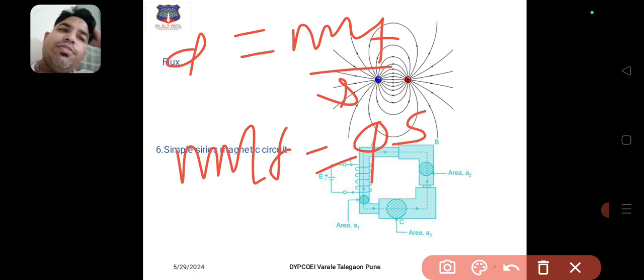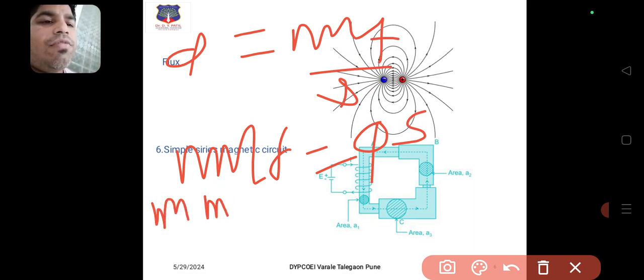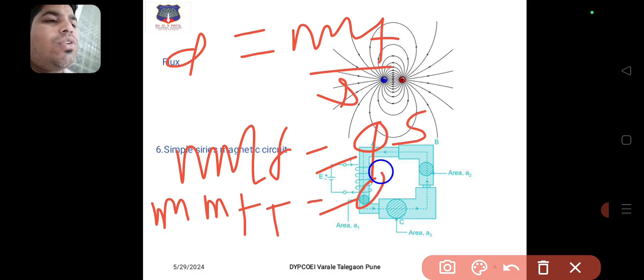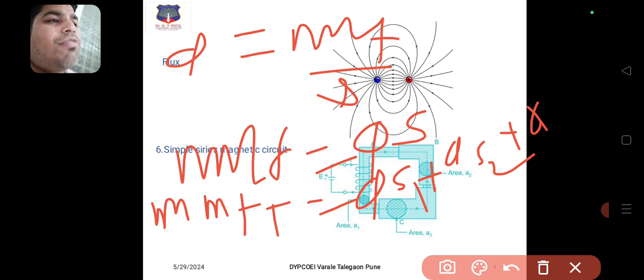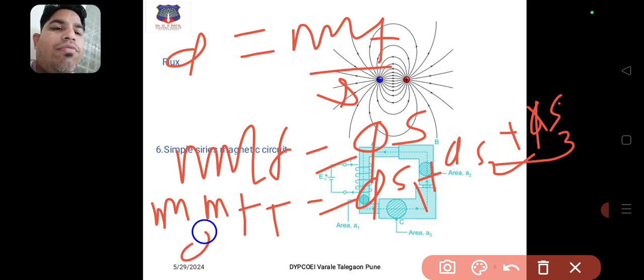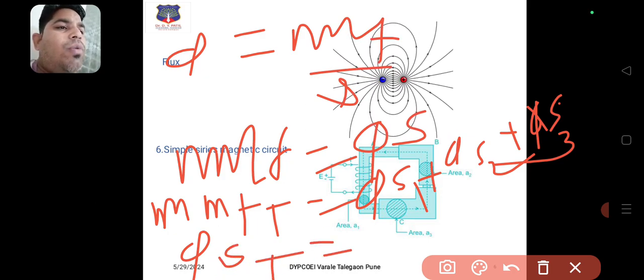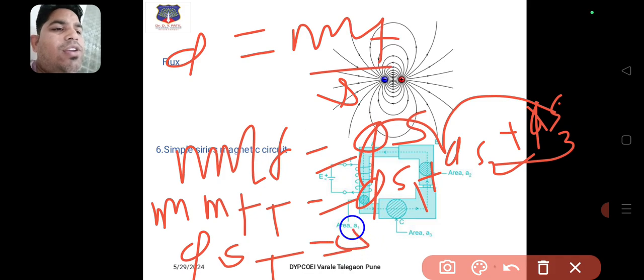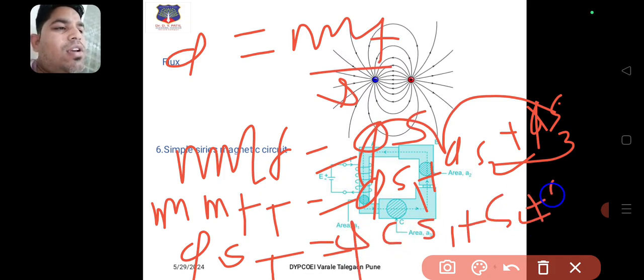The same flux is passing through that. So the mmf t is equal to phi into S1 plus phi into S2 plus phi into S3. We take phi common, so phi into St is equal to phi into (S1 plus S2 plus S3).